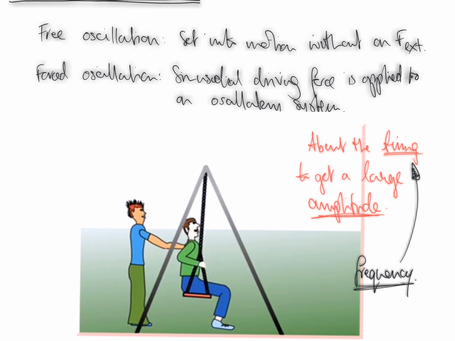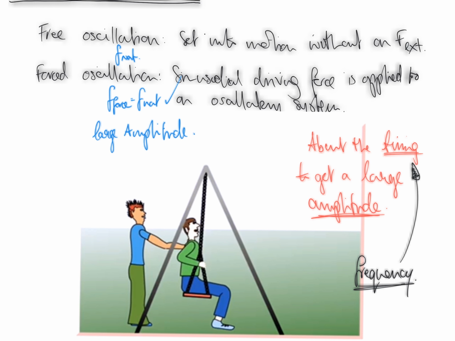So ideally what we're looking for, if you have a natural frequency of a free oscillation, then the forced oscillation must equal the natural frequency in order for you to get a large amplitude. I hope that makes some sort of intuitive sense to you.